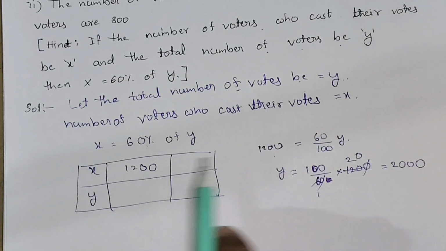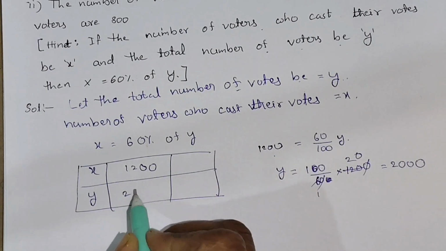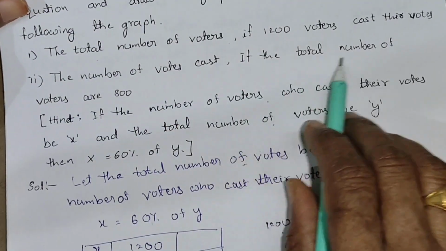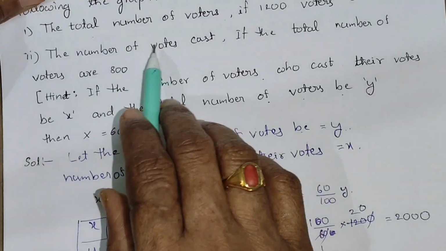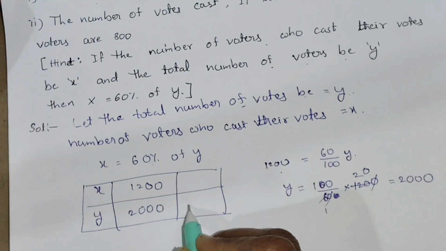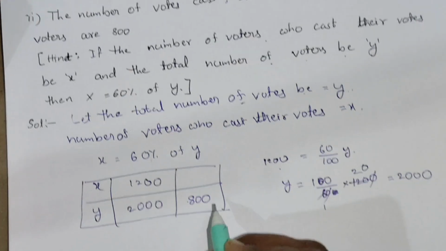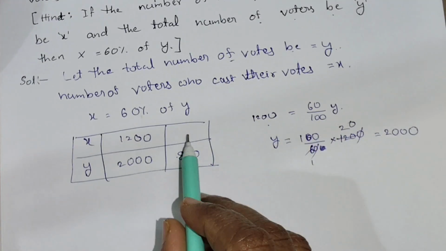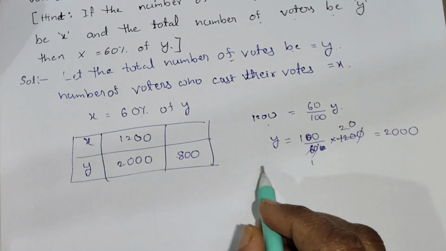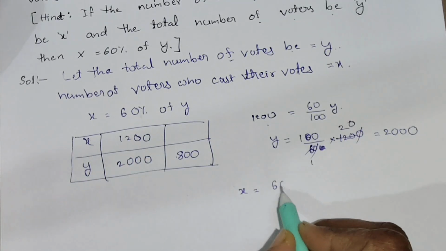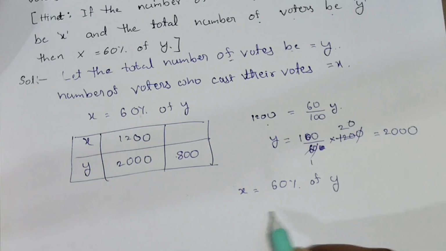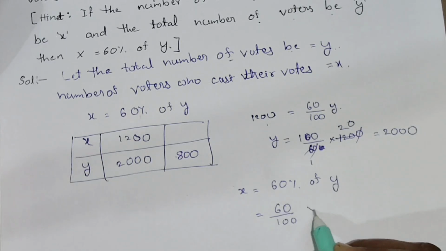Here x equal to 1200 means the y value is 2000. Now the next, second point: the number of voters who cast their votes if the total number of voters is 800. Here the total number is given, so we write y is equal to 800. Now we find the x value. x equal to 60% of y, so 60 by 100 into 800. The zeros get cancelled.